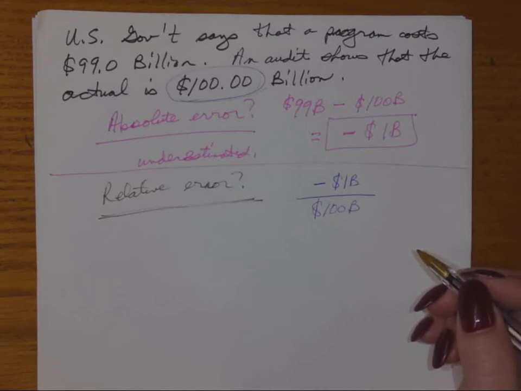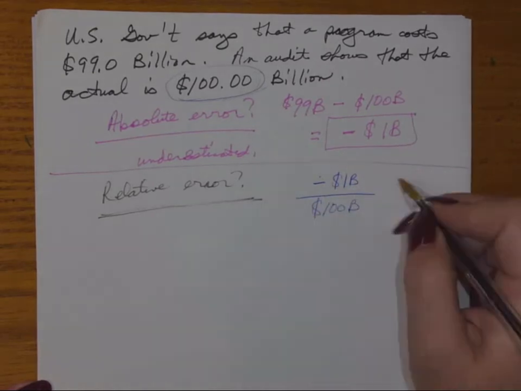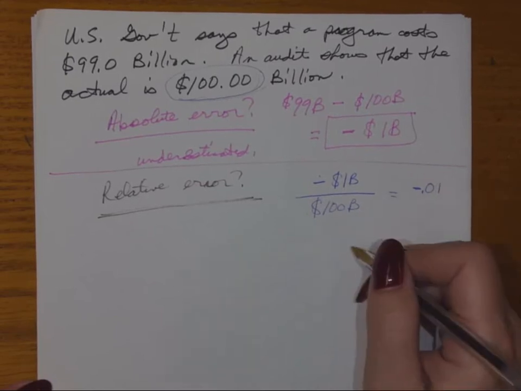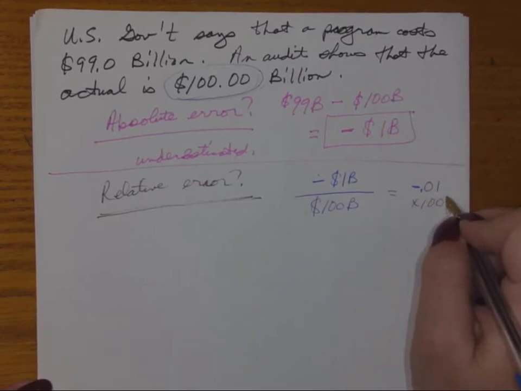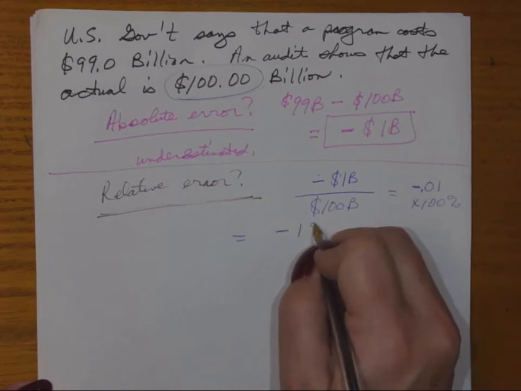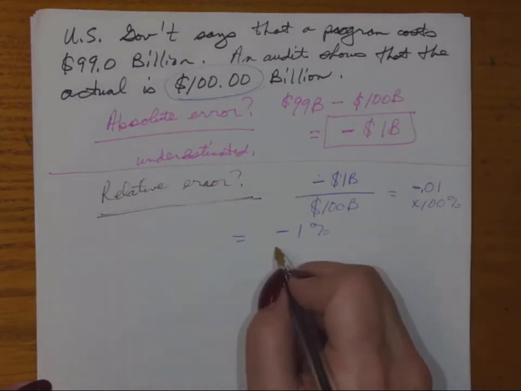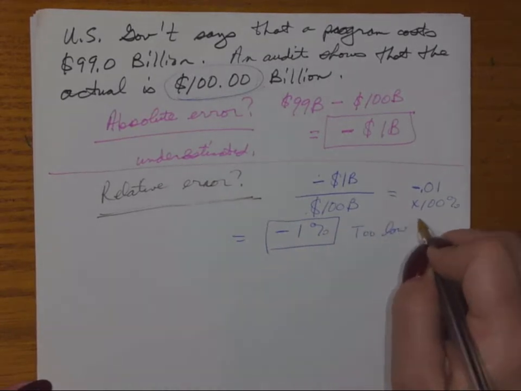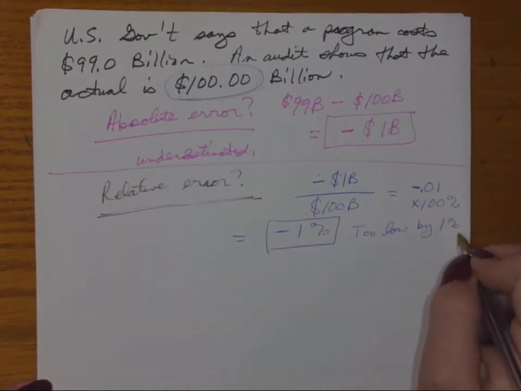So now we need to do a little arithmetic. Again, it's negative on top, positive on bottom. Negative divided by a positive is negative 0.01. I'm going to multiply that by 100%, and I'm going to get that it's off by negative 1%. Too low by 1%.